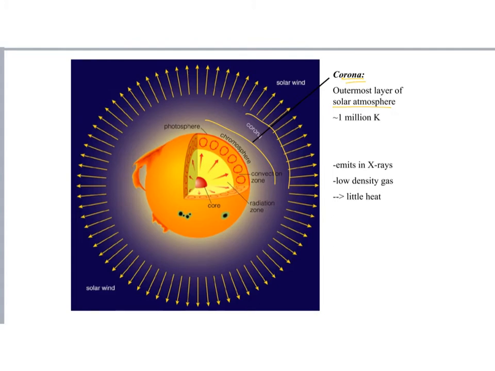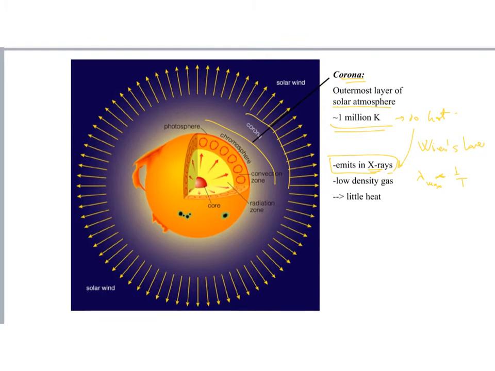We cannot see the corona with our eyes because our eyes do not see in X-rays, and that corona is so hot. If you apply Wien's law, you find out that the wavelength, remember, goes like 1 over temperature, the wavelength that a 1 million degree plasma is going to emit its maximum intensity in is X-rays.